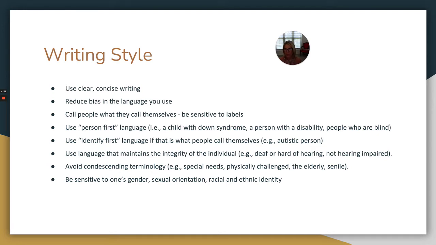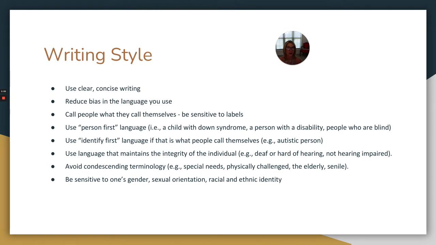You also want to avoid condescending terminology, especially related to people that have any type of special education needs or any type of disability. You don't want to just use terms like special needs, physically challenged, the elderly, or senile. Just be careful with the terms that you use in your papers and in talking with others.